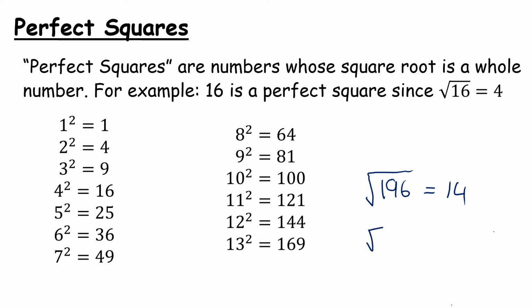If I gave you the number 200 and asked, is that a perfect square? Same method, we do the square root. If you can do that now, put it into your calculator, and what you'll find is you will be left with a surd in the first instance if you're using a new calculator.